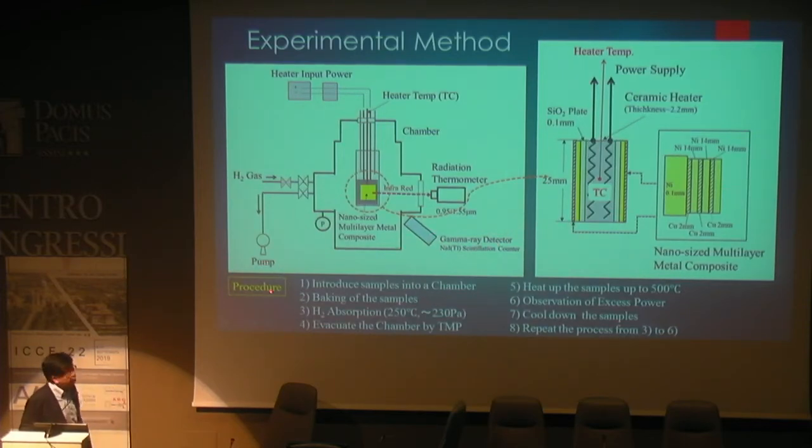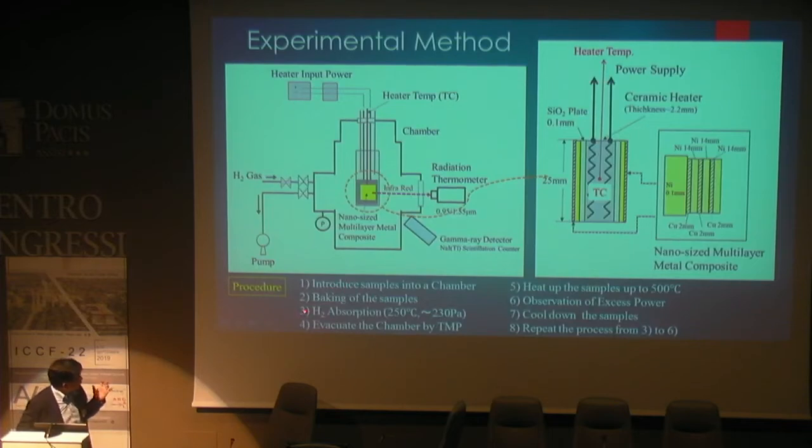Okay, so this is the procedure of this experiment. At first, we introduce a fabricated sample into the chamber. And for about 1 or 2 days, we bake the samples to remove mainly water or other impurities.